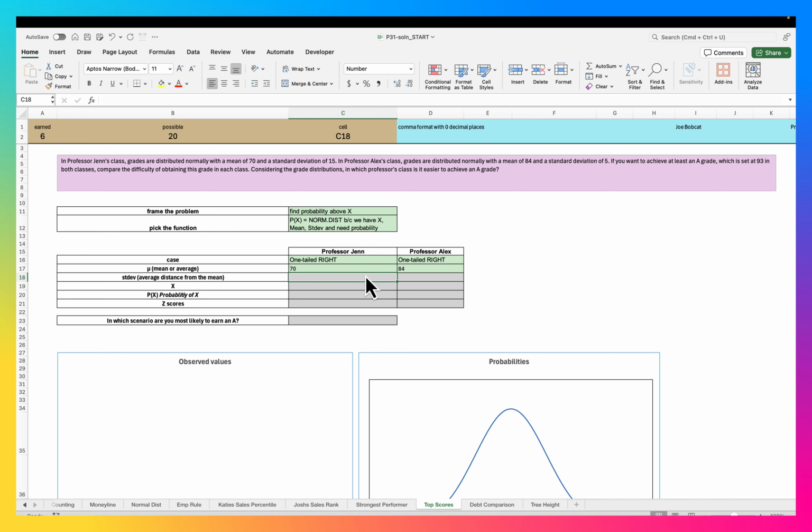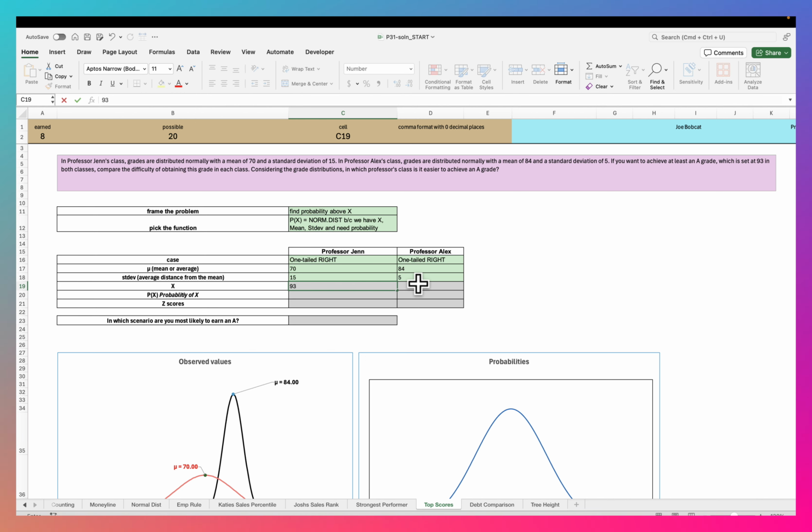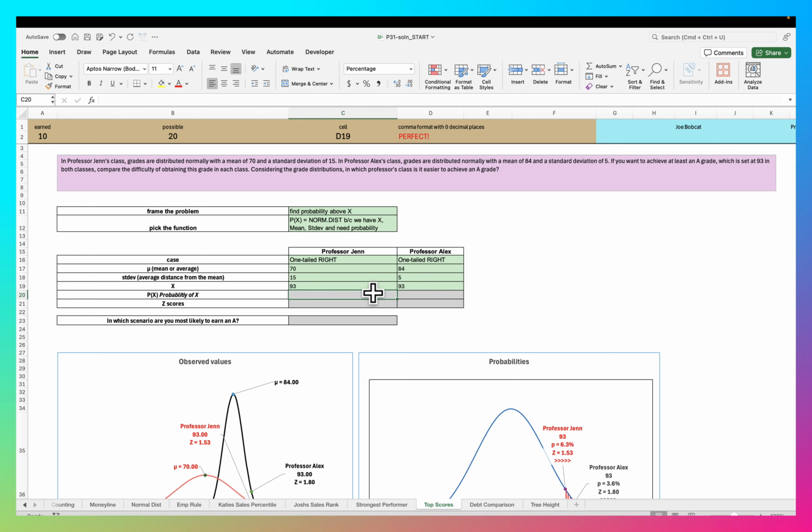And the standard deviation, Jen 15, Alex 5. And in both cases, we want to get a 93. So what's the probability that we're going to end up with 93 in both cases? That's what we're trying to compute.